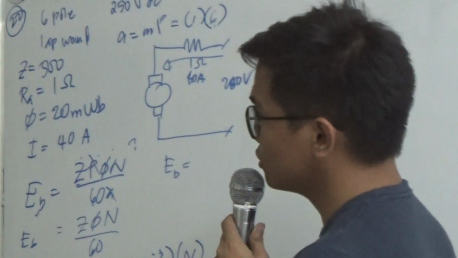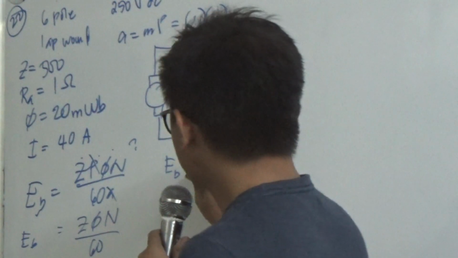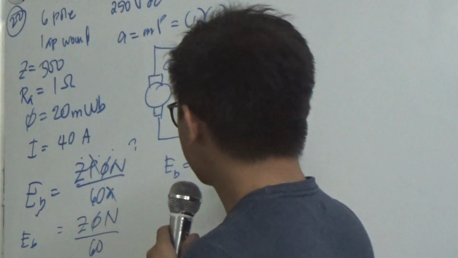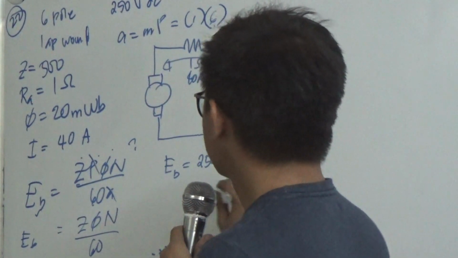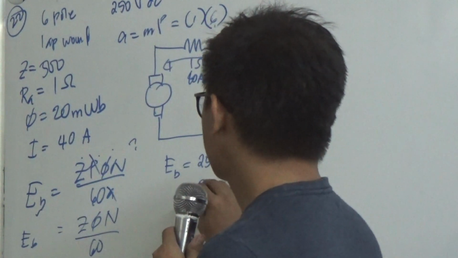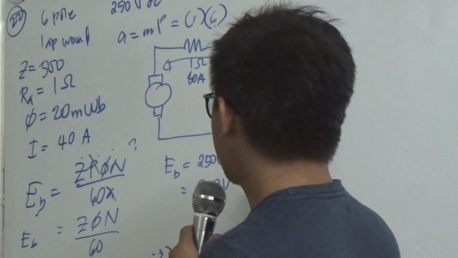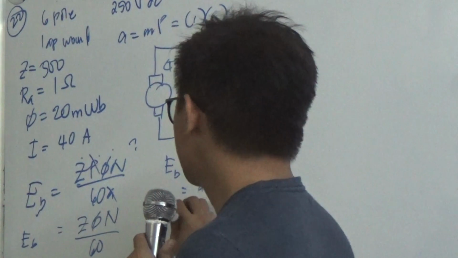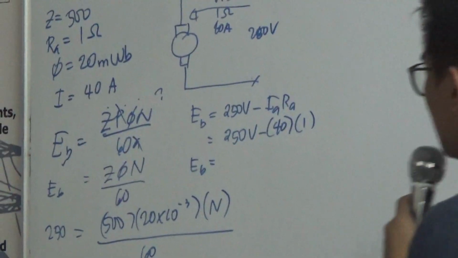So kunin natin yung EB. EB is equal to 250 volts minus IA RA, no? So 250 volts minus 40 times 1. So EB now is equal to 210.